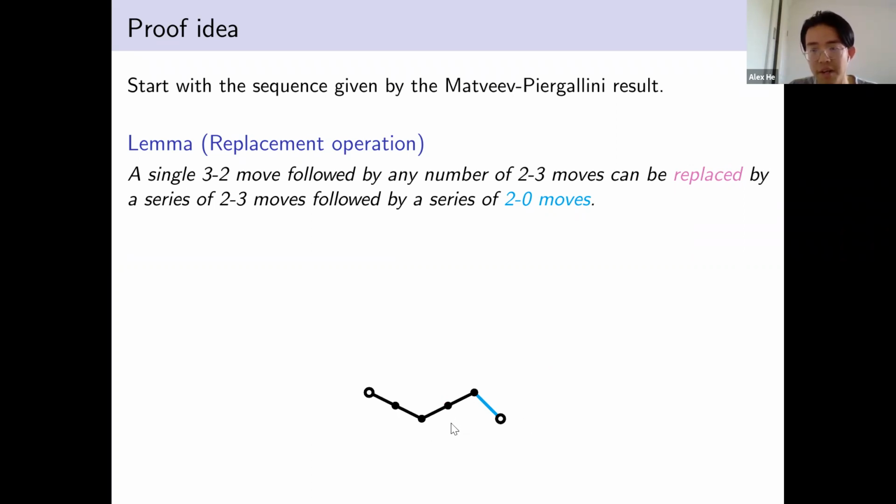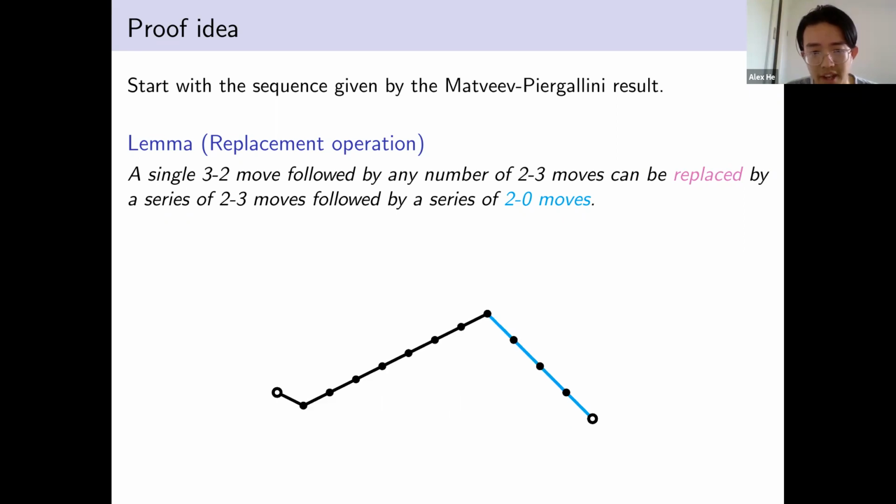But what you've got beforehand is some junk. In particular, you have some 3-2 moves that you don't want. Every time you see one of these 3-2 moves, you look at all the 2-3 moves that follow it and you replace that sequence like this. Again, the end of your sequence looks the way you want, and you've got some junk beforehand, but you can replace that because of the lemma.